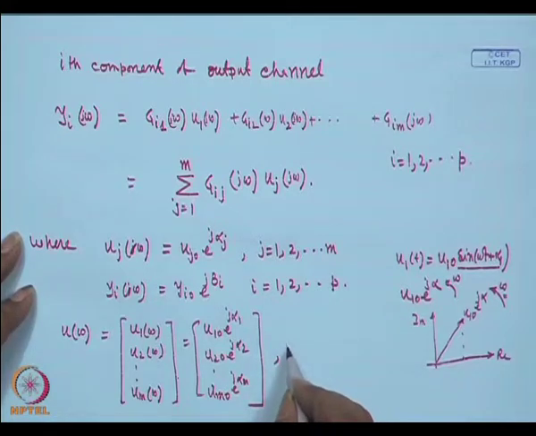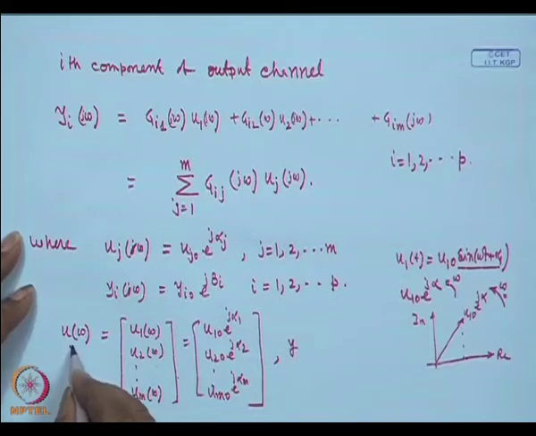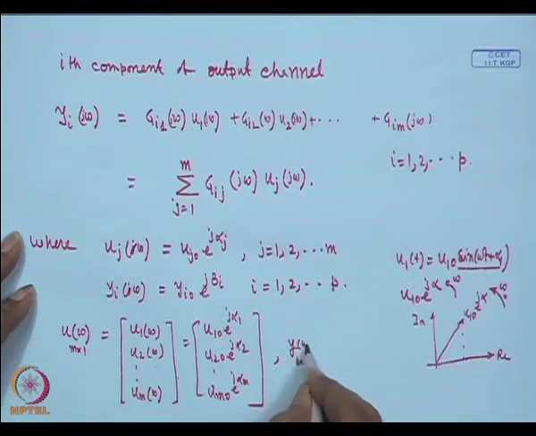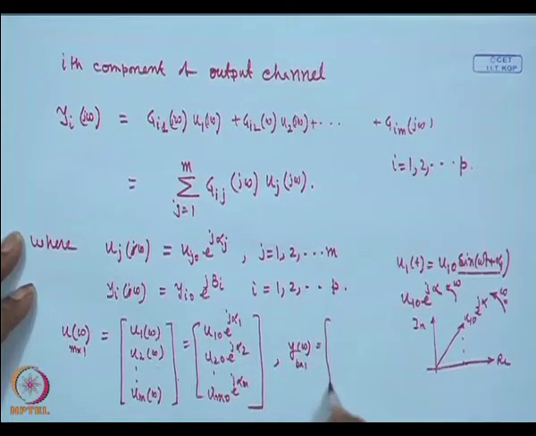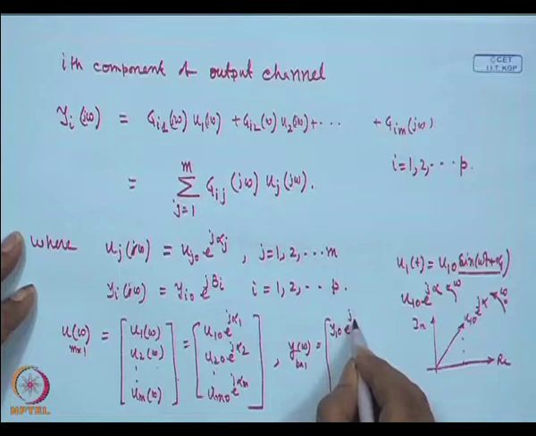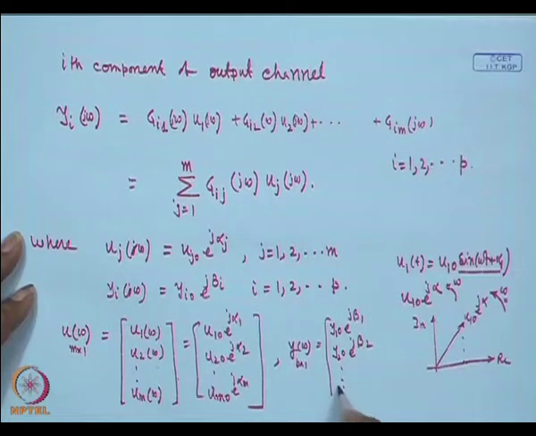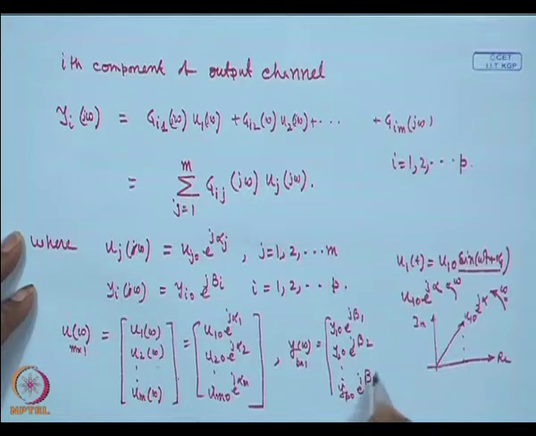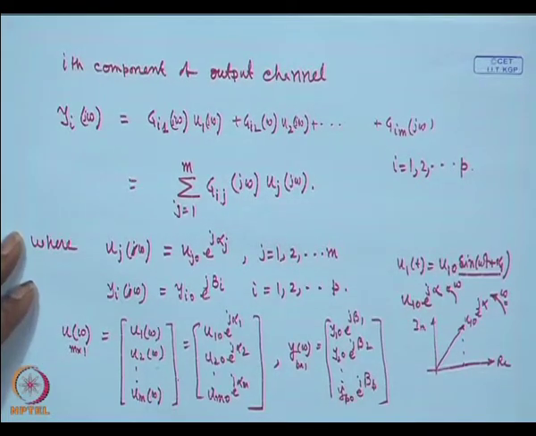Similarly, I can write y, whose dimension is p cross 1, as the phasor quantity representing that one: y_1(0) e to the power of j beta_1, y_2(0) e to the power of j beta_2, and so on up to y_p(0) e to the power of j beta_p. Agree?